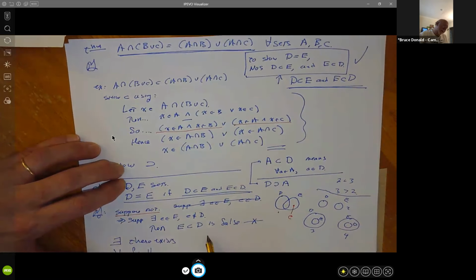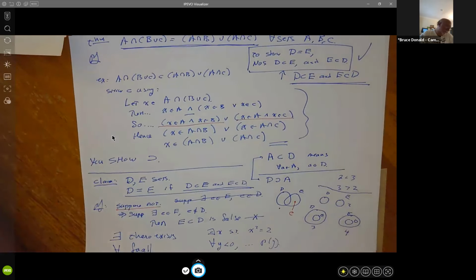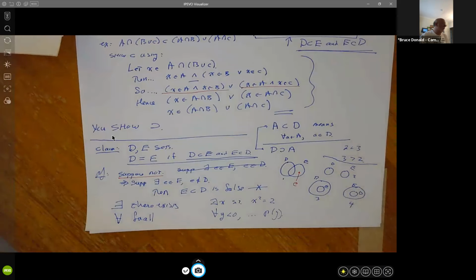Usually used as there exists an X such that X squared equals 2, or for all Y less than 0, some statement about Y. Good question. Would you mind pushing the paper up just a little bit so we can see what you've written at the bottom? Thank you. We've used these in class before, but we're going to use them more heavily now. So I'm very glad to have that question and clarify it.